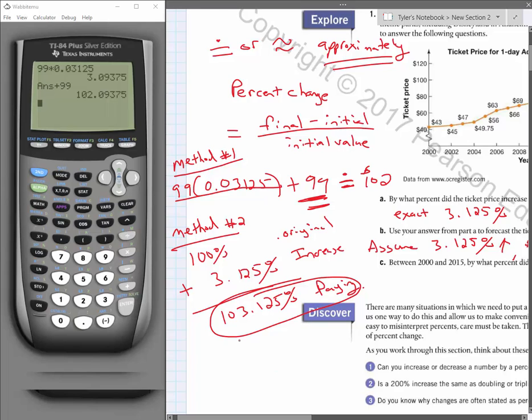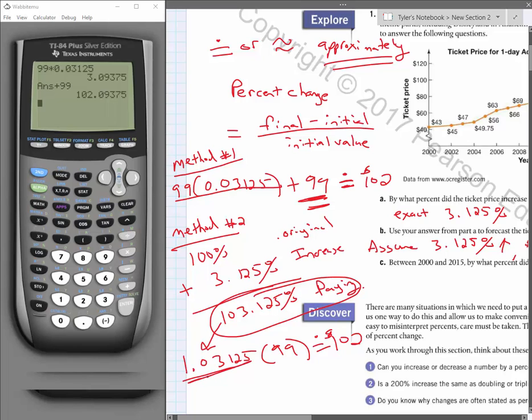So what we can do is I can just take 1.03125 and multiply that times 99, and that will also give me roughly $102, right? And you might be wondering, where did I get the 1.03 from? I just converted this to a decimal, right? So I took that percentage and converted it to a decimal, right?